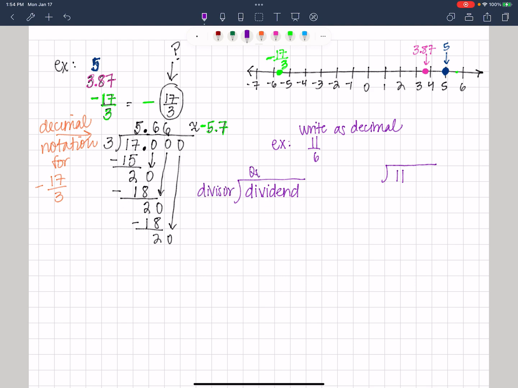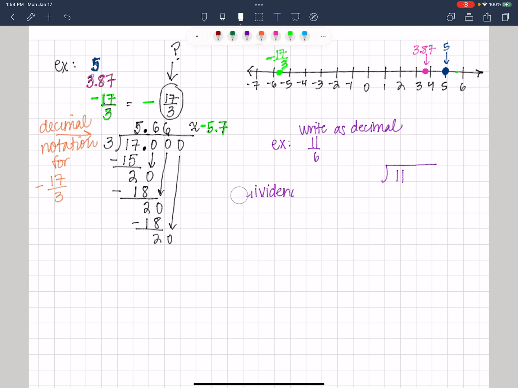And then we have a quotient plus a remainder over the divisor if we write it as a fraction, or if we're writing it as a decimal, we're going to ignore this part and we're going to make decimals and add zeros at the end. But you might remember that plus the remainder and go, what was that called?